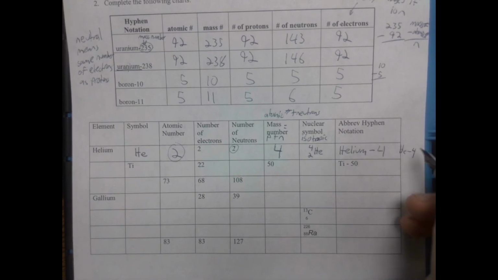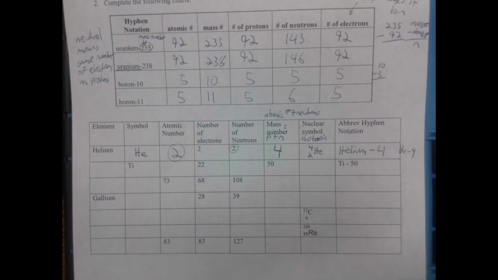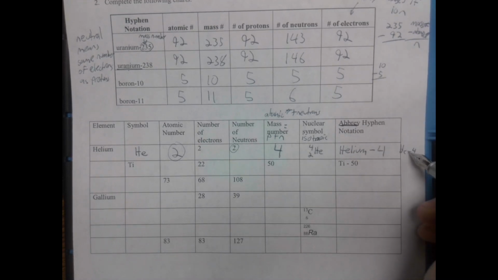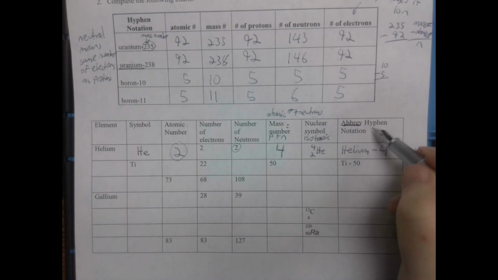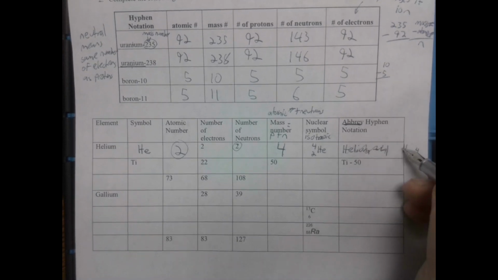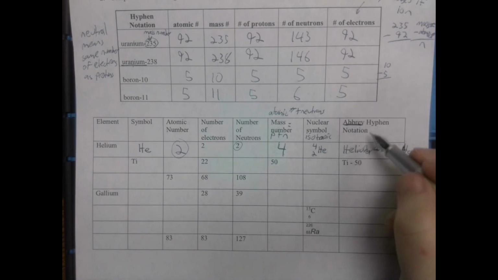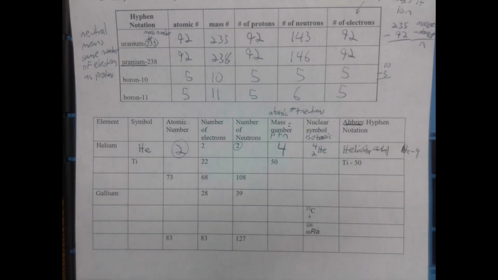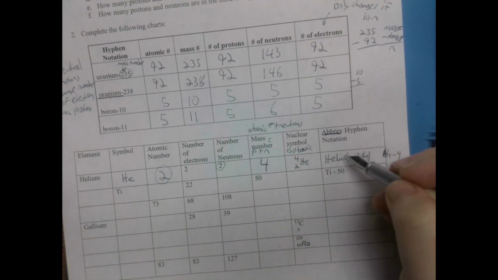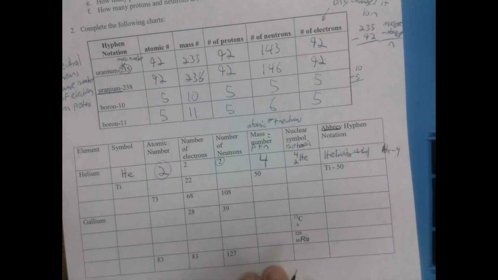He-4 is also acceptable. This is abbreviated. The hyphen notation is the full name. Abbreviated is when you use just a symbol. If it was just hyphen notation, then it would be the full word.